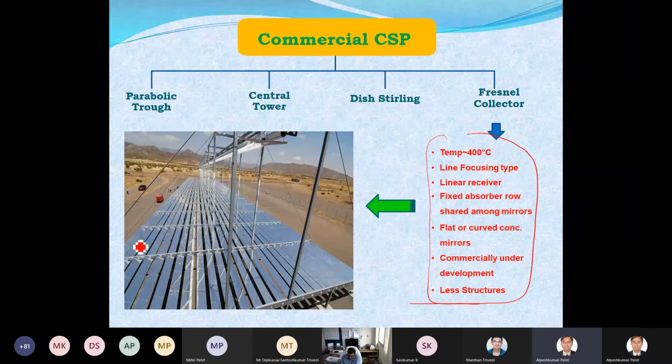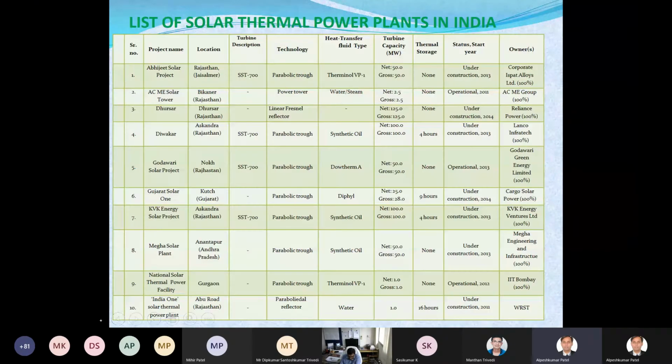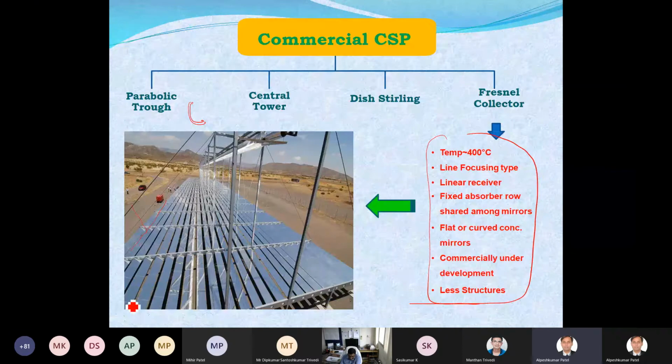But the advantage is that we don't have the curved surface of the reflector or concentrator. It's a flat one, arranged in such a way that whatever solar radiation comes in, it's a simple, plain reflector, and it will be focused to this receiver over here.